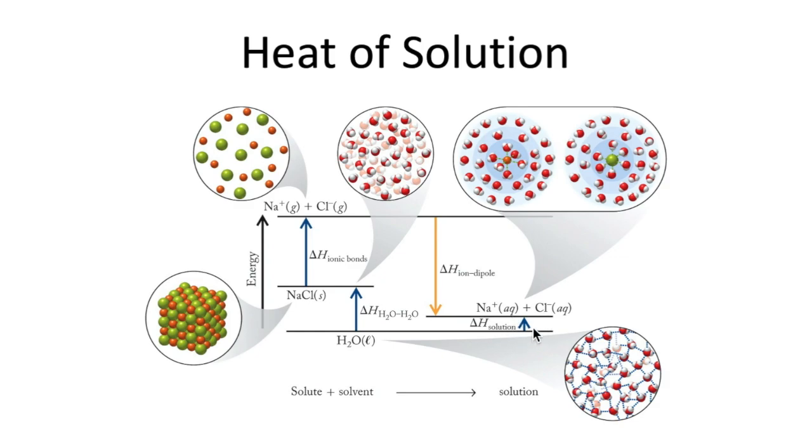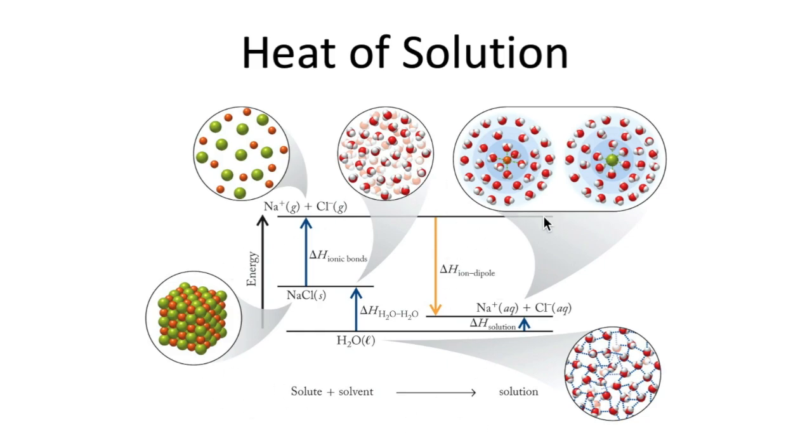Now, how this is going to work out in practice depends on the magnitude here, the strength of the ionic bonds, and also the magnitude here for those ion dipole forces. And it turns out if you have larger charges, like a +2 or a +3 ion, that tends to make this more extreme. The ion dipole forces will have to be bigger because it takes more water molecules to stabilize that positive charge.